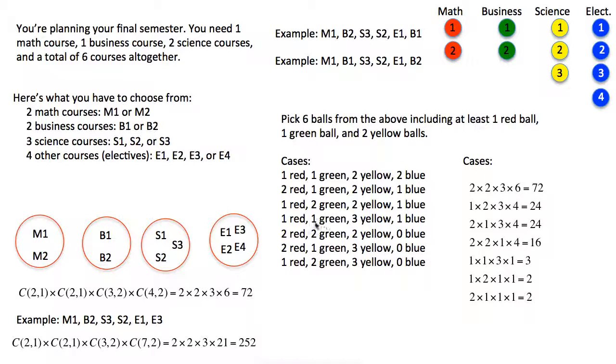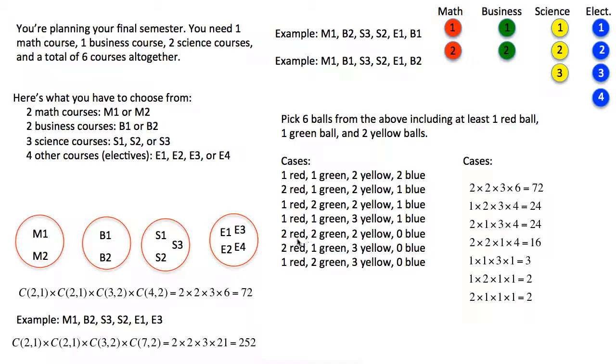For the fourth case, 1 red and 1 green, 1 of 2 reds, 1 of 2 greens, all 3 yellows, combinations of 3 things choosing 3 is just 1. And then finally 1 of the blues, 4. 16 possibilities in that case.